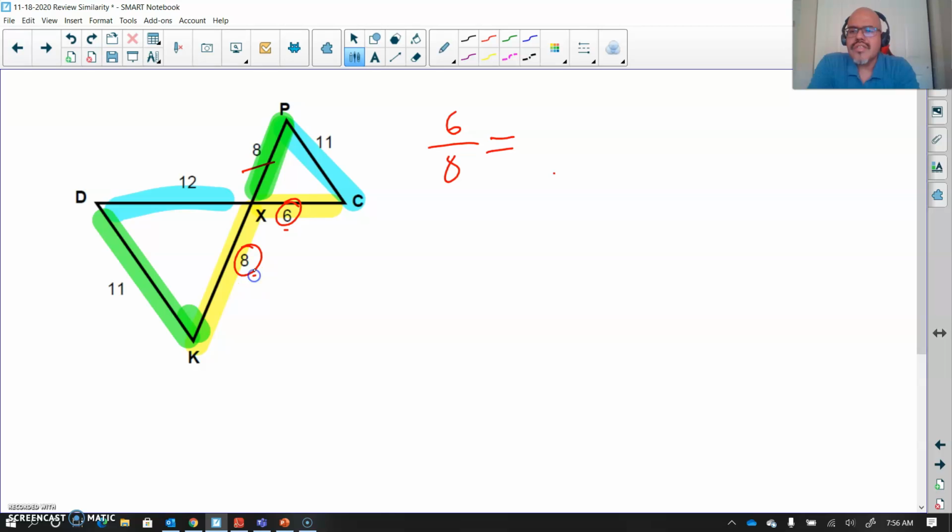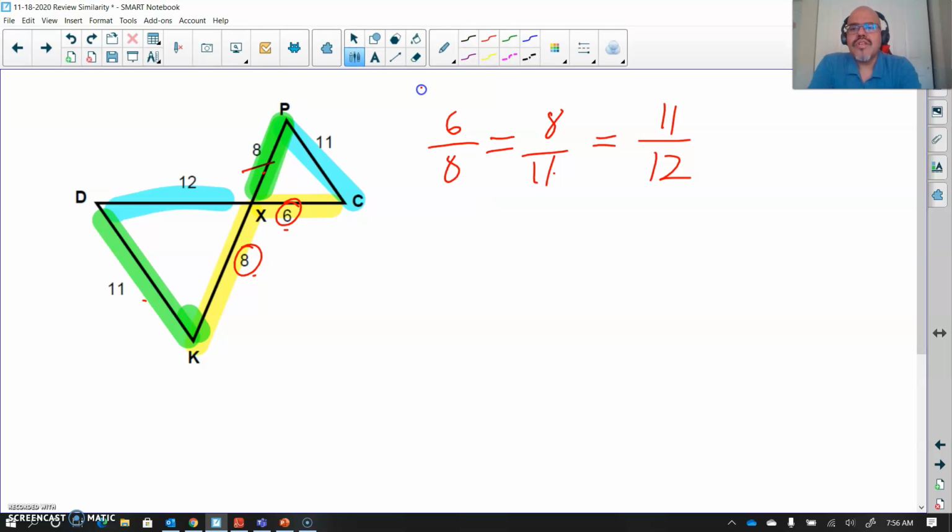Okay, so 6 and 8, those correspond. And then we have 8 and 11, so that corresponds. And then finally, 11 and 12. And of course, nothing here is going to simplify down any further except for maybe this one.